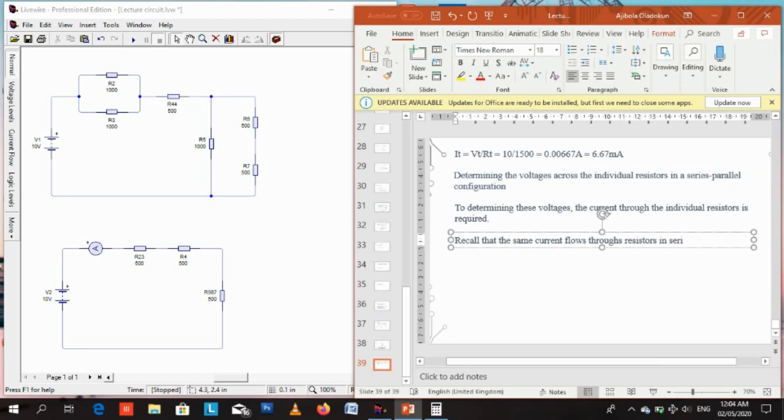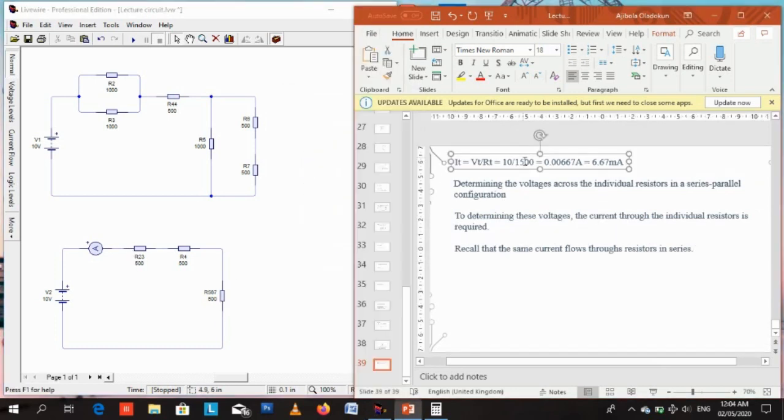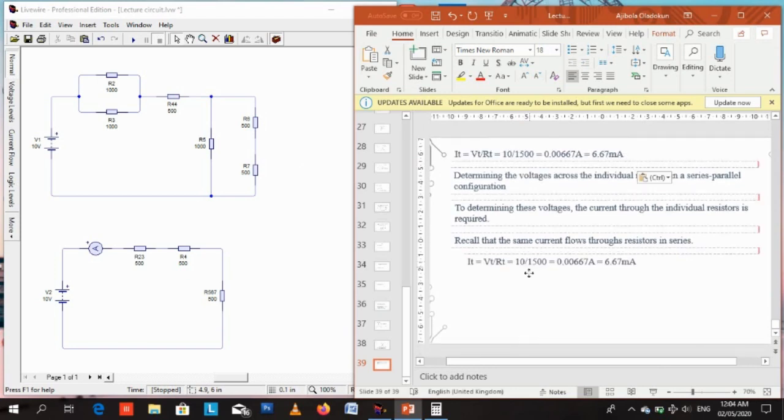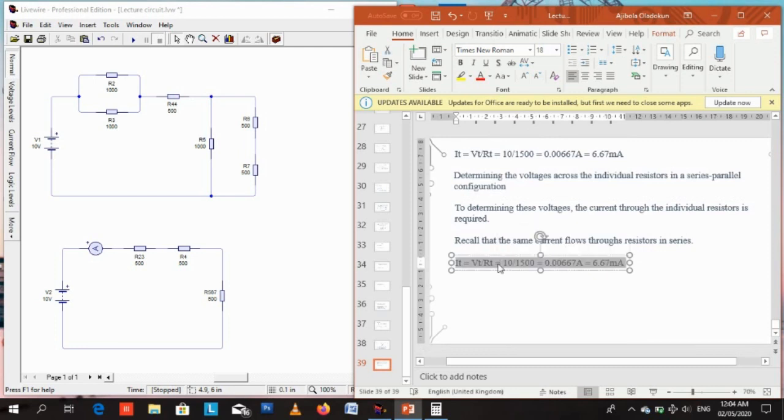So at this level, R23, R4 and R567 have the same current flowing through them, which is 6.67 milliamps. This current is the same current flowing through R23, through R4, and through R567.